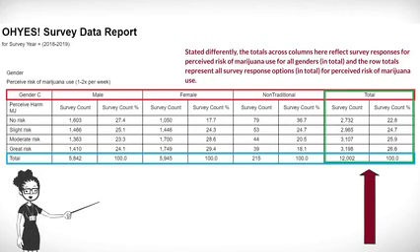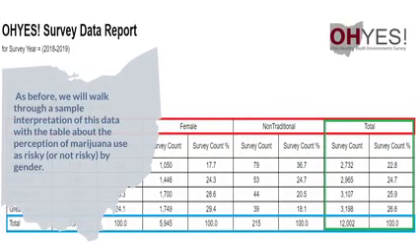Stated differently, the totals across columns here reflect survey responses for perceived risk of marijuana use for all genders in total, and the row totals represent all survey response options in total for perceived risk of marijuana use. As before, we will walk through a sample interpretation of this data with the table about perception of marijuana use as risky or not risky by gender.